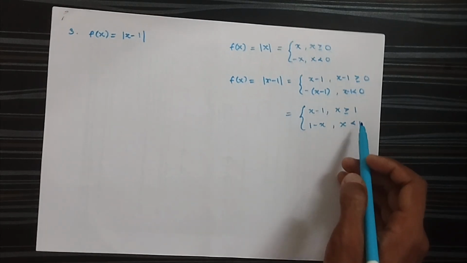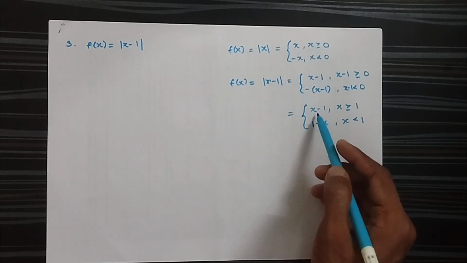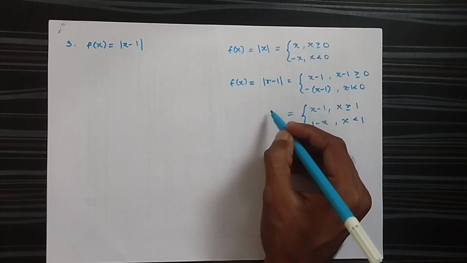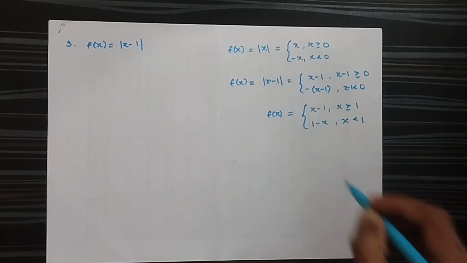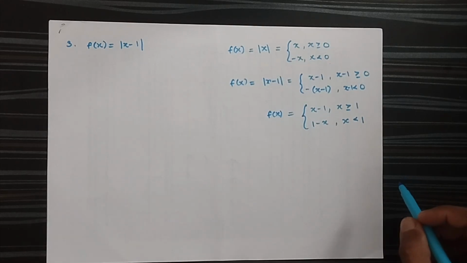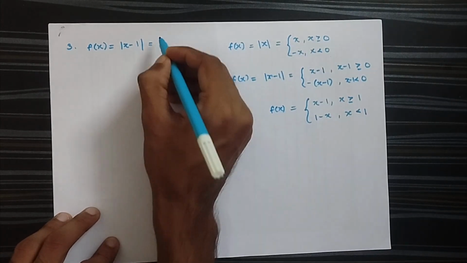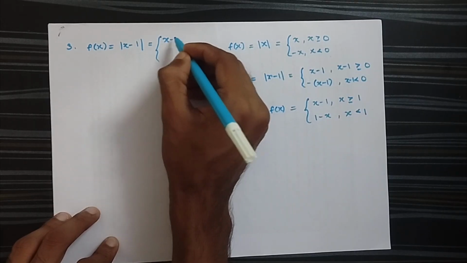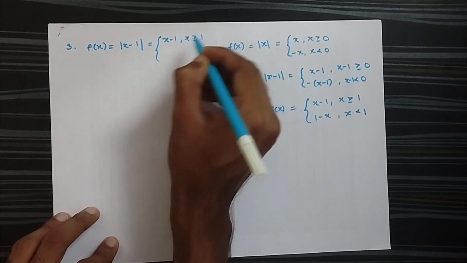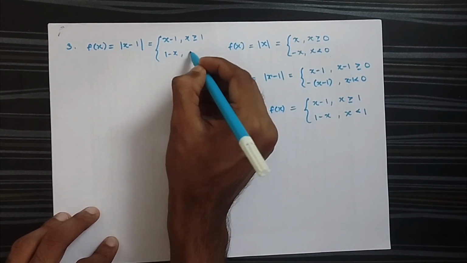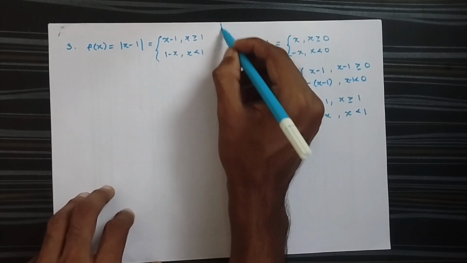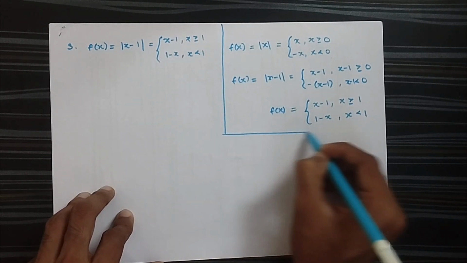So if x is greater than or equal to 1, f of x is x minus 1, and 1 minus x if x is less than 1. This is our new function. We can write it here: x minus 1 if x is greater than or equal to 1, and 1 minus x if x is less than 1.